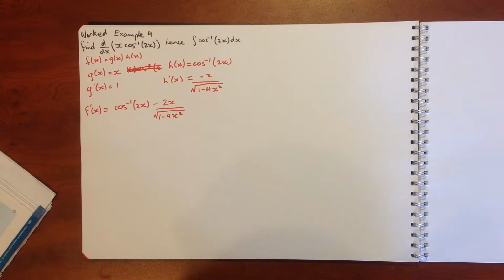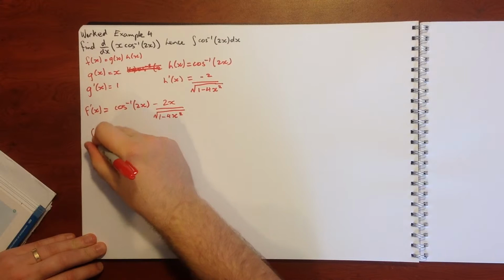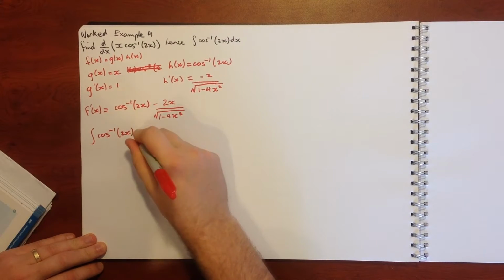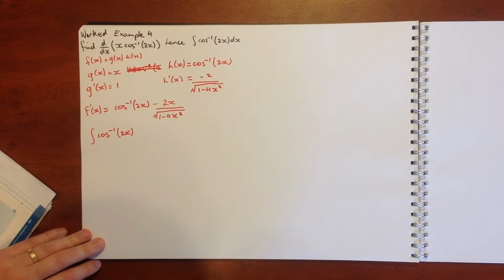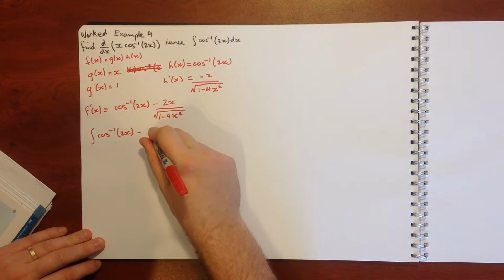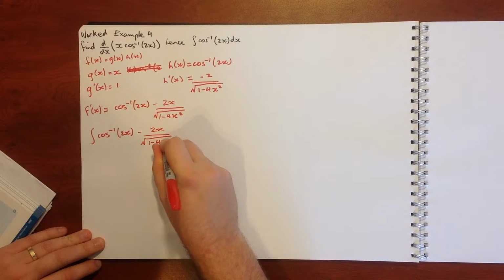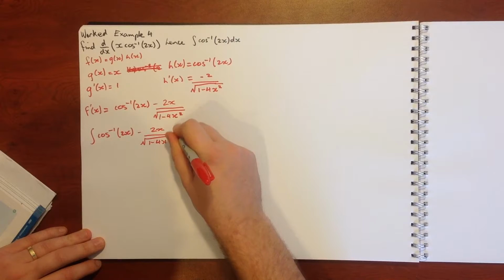Right, so what we need to do is we need to integrate this. Okay, our integral of our inverse cos of 2x minus 2x over the square root of 1 minus 4x squared dx.